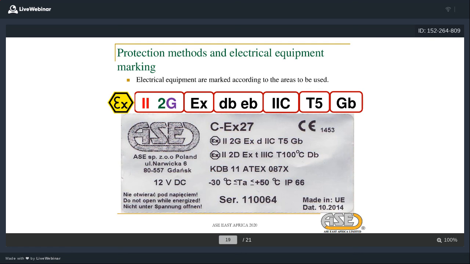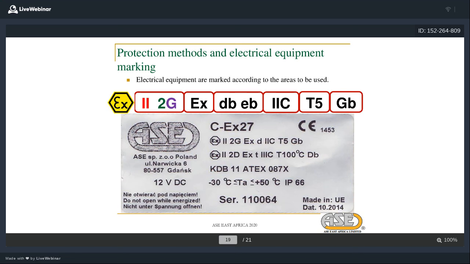T5, temperature class T5. And we saw that temperature class T5 is 100 degrees Celsius. So that equipment can be used in a place where the ignition temperature of the surrounding is maybe 120, 135, 450, and so forth.